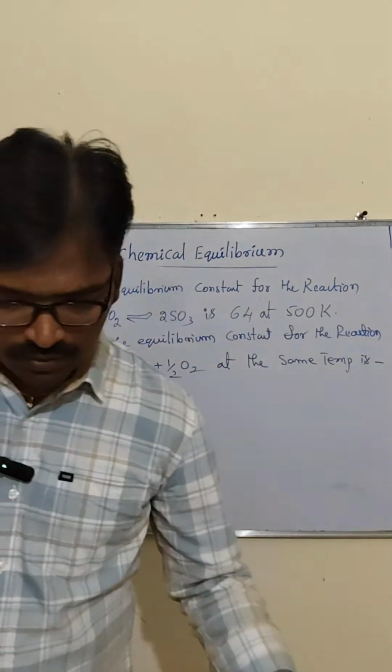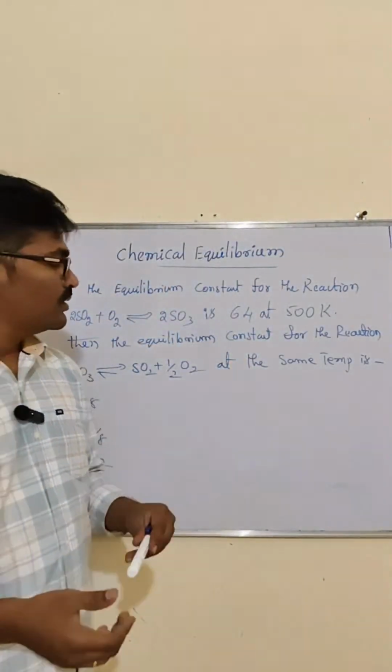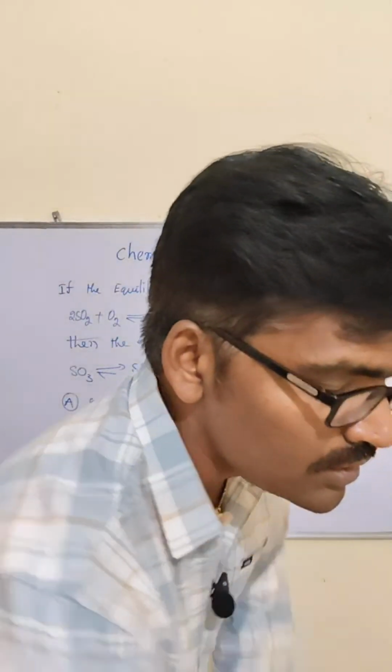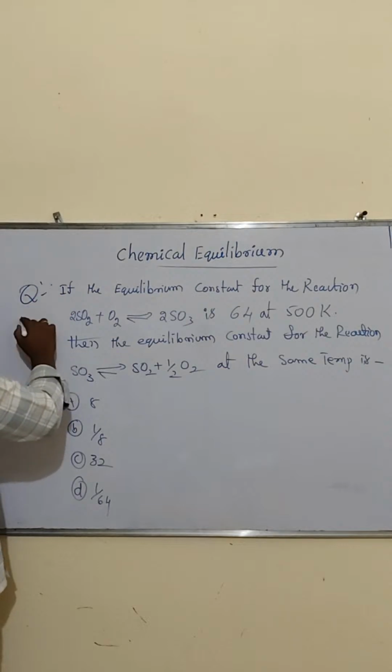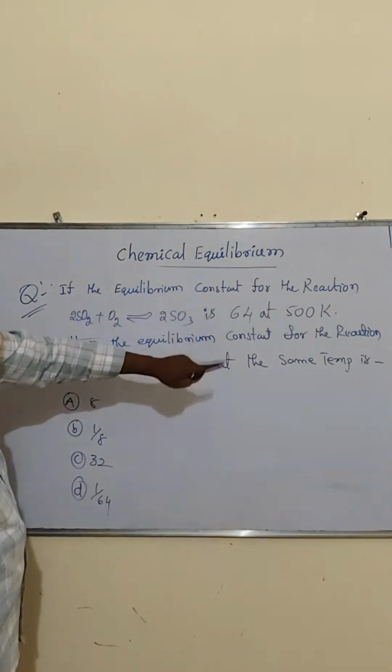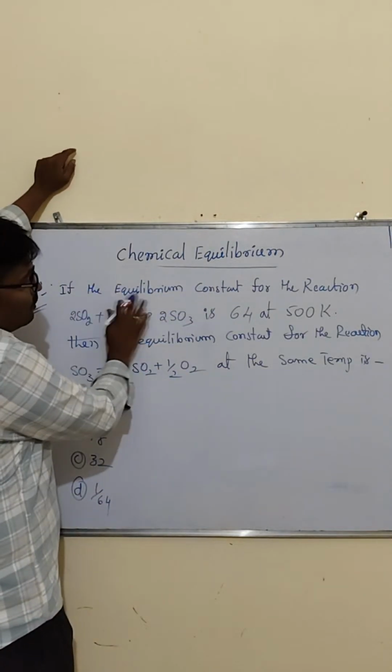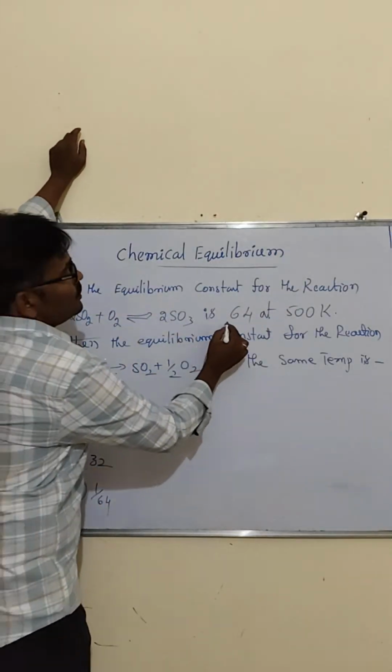Clear? So look, my dear students, this is the question. Observe the question carefully. If the equilibrium constant for the reaction is 64.